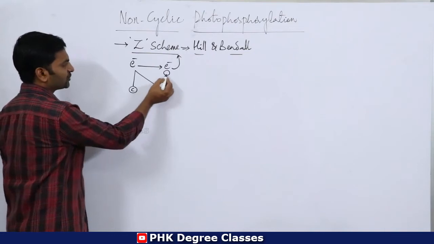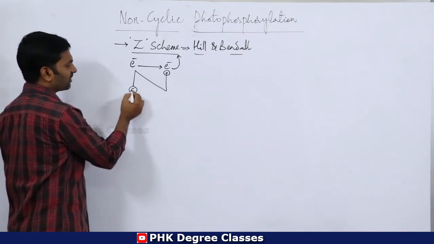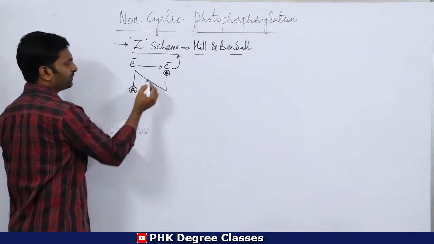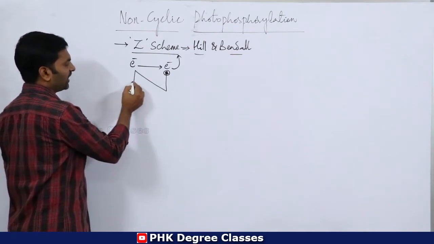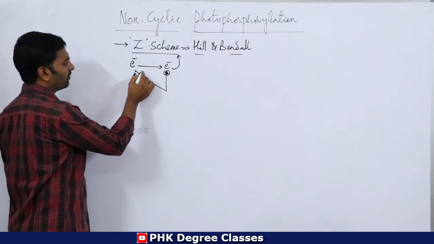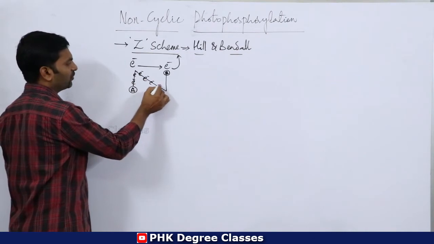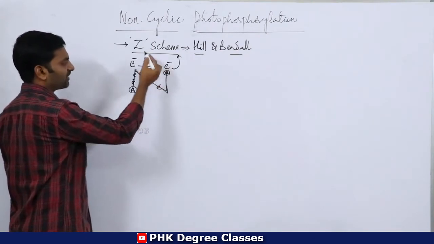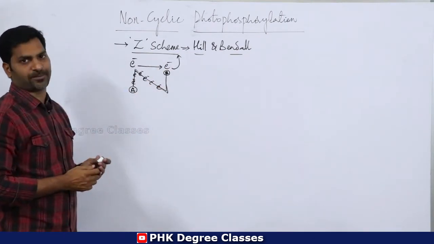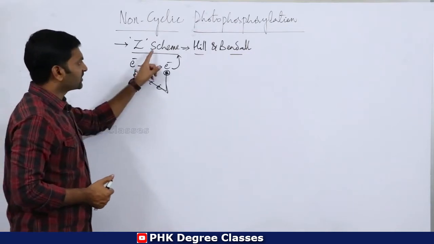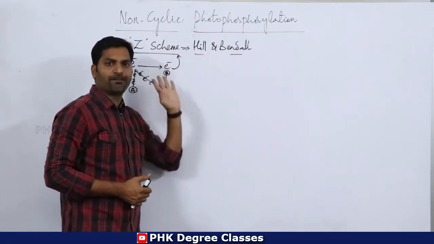So from here to here, or you can say A and this is B, electrons move in a Z manner. Hence it is called the Z scheme. So the word Z scheme was used by Hill and Bendall.